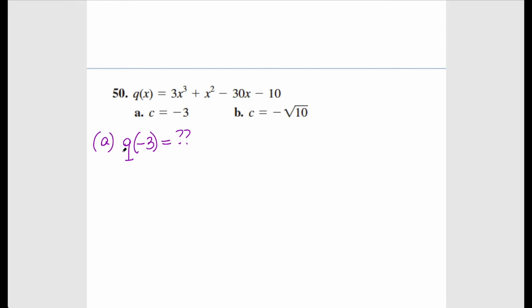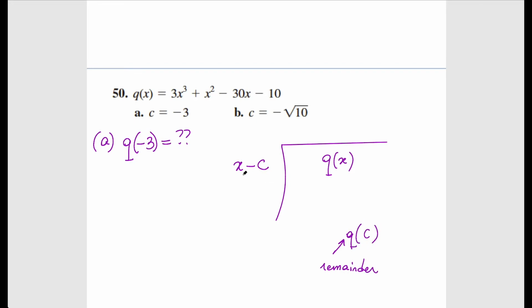But I don't want us to find it by evaluating the function at -3. They want us to use the remainder theorem, which means we're going to do long division, right? So we have q of x, we're going to divide it by x minus the number c, and we know that the remainder is going to be q of that c, right? So this is for parts A and B.